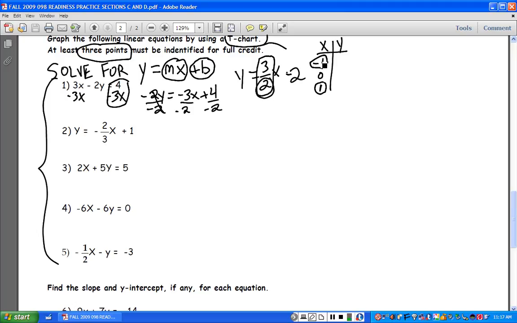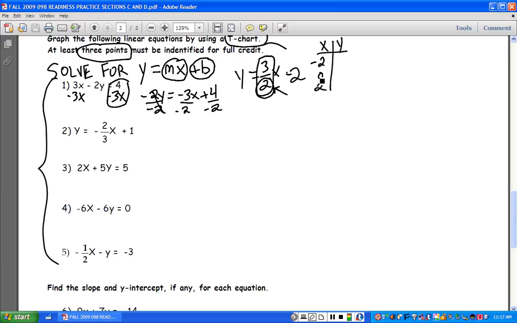So I'm going to want to use a -2 and a +2, again because my slope is a fraction and the denominator of that fraction is a 2. So that's why I'm using a -2 and a +2.